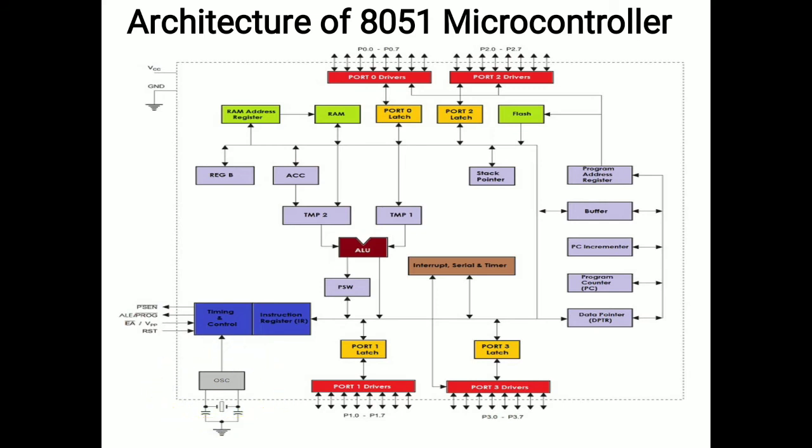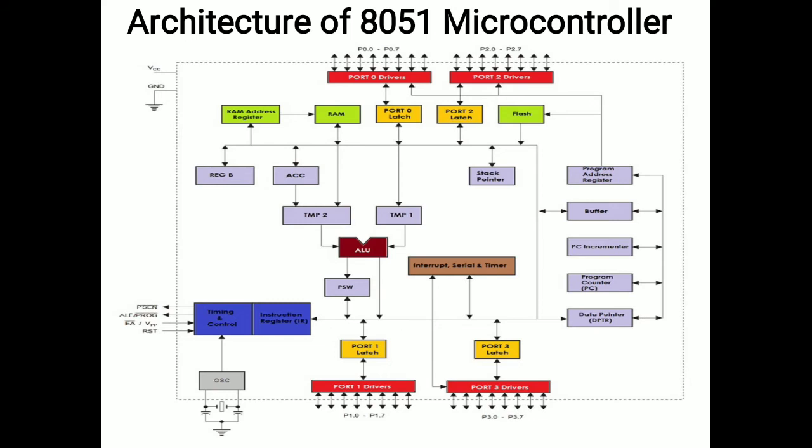So a crystal type of oscillator is connected for generation of clock pulses, and this crystal oscillator is connected by two lines, that is XTAL1, XTAL2, with the microcontroller's pins, that is, here in case of 8051, pin numbers 18 and 19 are the two pins allocated for the connection of the crystal oscillator, and along with that, two capacitors are also in connection with the crystal oscillator.